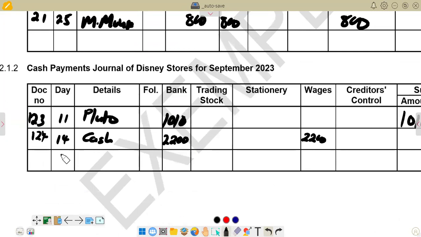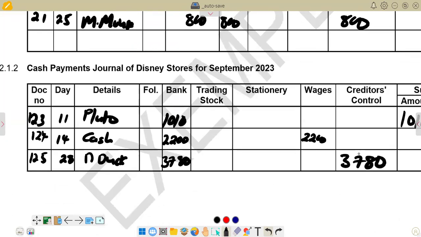On the document number, we have 125. Then the date, obviously, is 28. And this is Deduct. And half of the amount that was paid is 3,780. And the creditors control we are also supposed to put 3,780. Remember, we're paying a creditor.